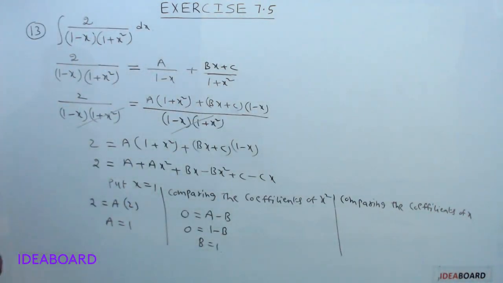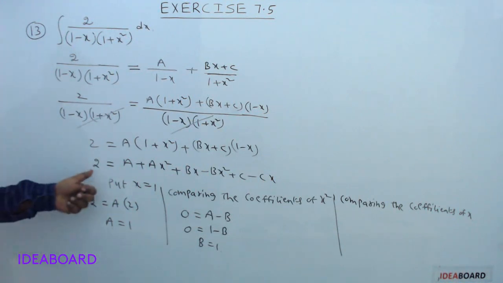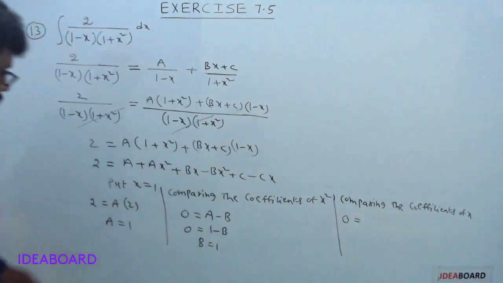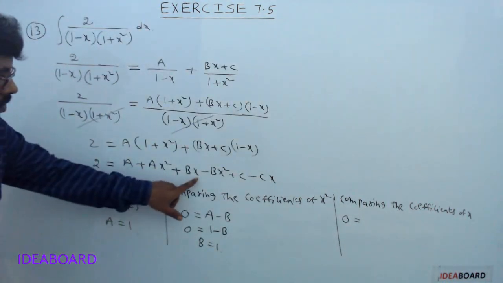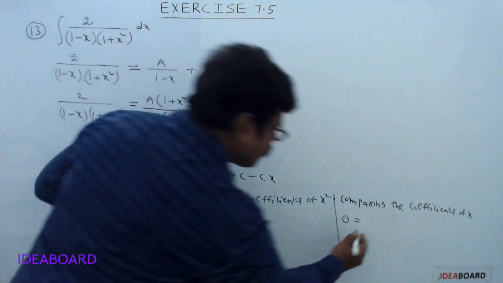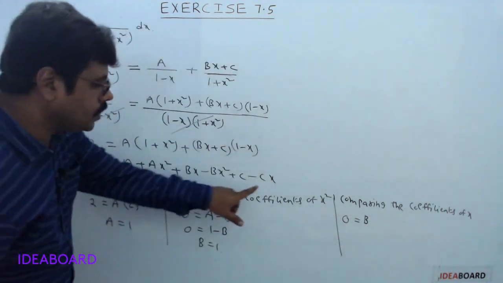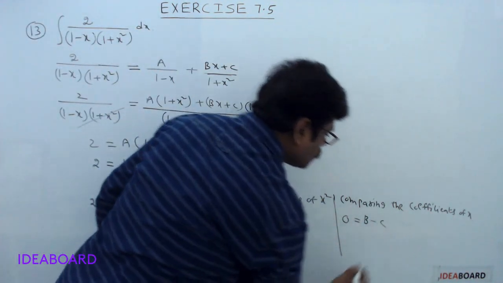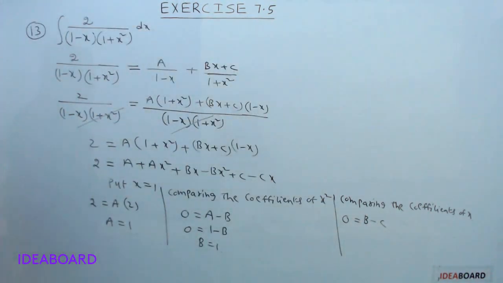In the left hand side, there is no x term. So, the coefficient of x will be 0 equals. Here x coefficient is b. In this term, x coefficient is minus c. So, 0 equals b minus c.